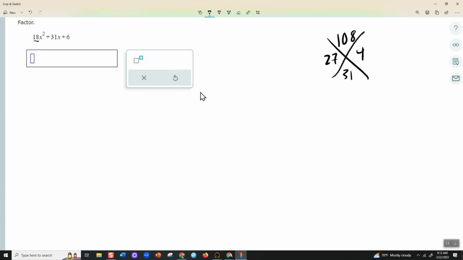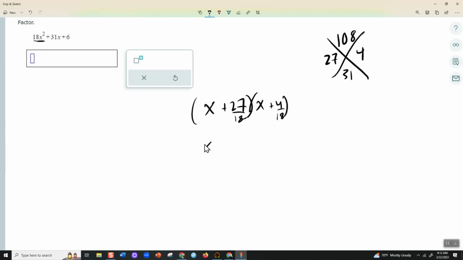Okay, now that I know those numbers, here I can just put them into the binomials. That's my variable x. x plus 27. They're both positive because they add up to 31. And x plus 4. And then I've got to divide by 18. Divide by 18. And those can be reduced.